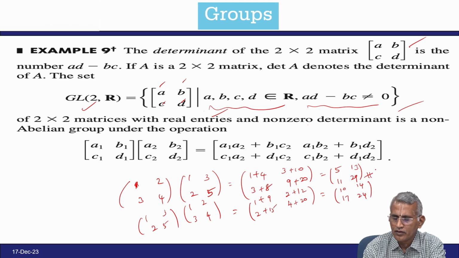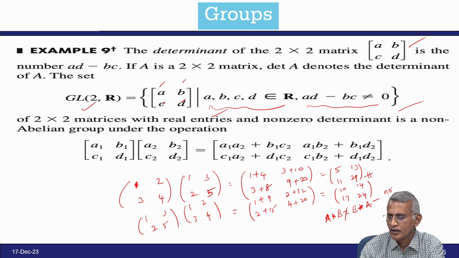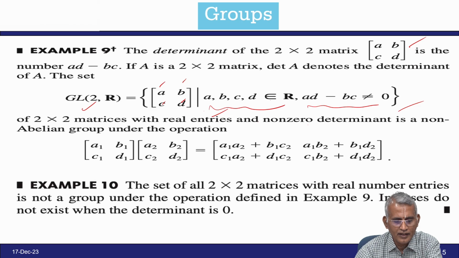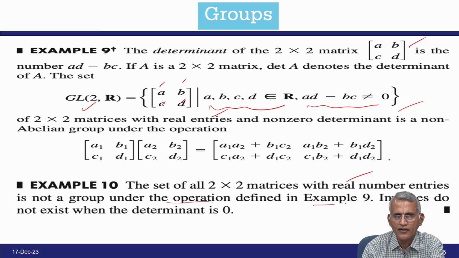Therefore, these two are not equal, so A star B is not equal to B star A. Therefore, the previous example is not abelian. Keep it in mind, that is why we come across example 10, which says that 2 cross 2 matrices with real number entries is not a group under the operation defined in example 9, because the inverse does not exist when the determinant is 0.